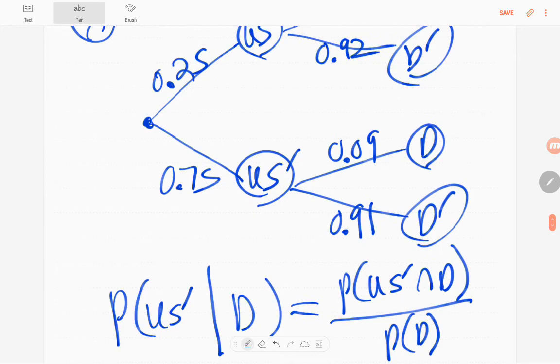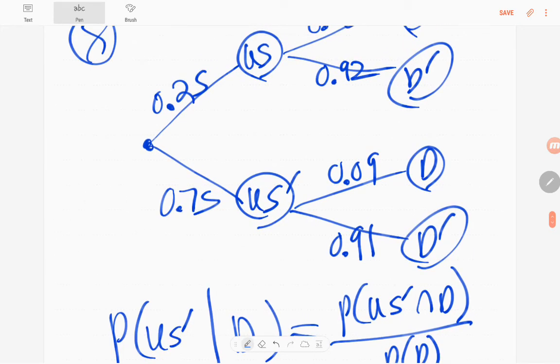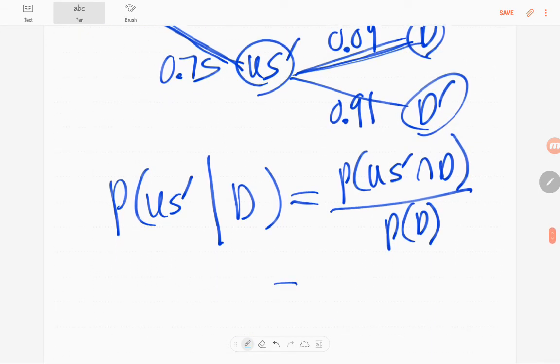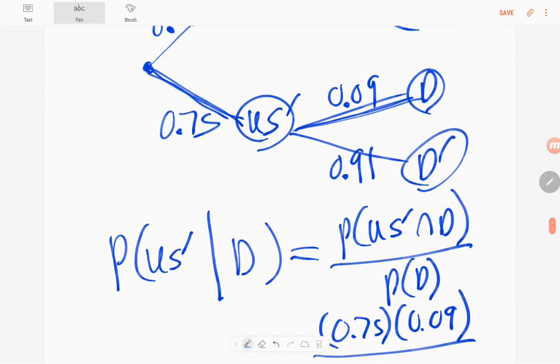So let's do the top first. What's the probability of foreign-made and defective? You'd have to go along this branch, foreign-made and defective, and just multiply those two together. 0.75 times 0.09. And what is the probability that it is defective?